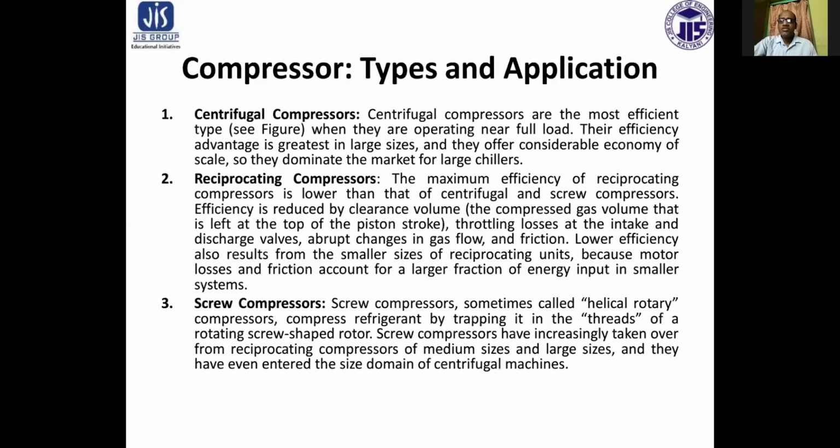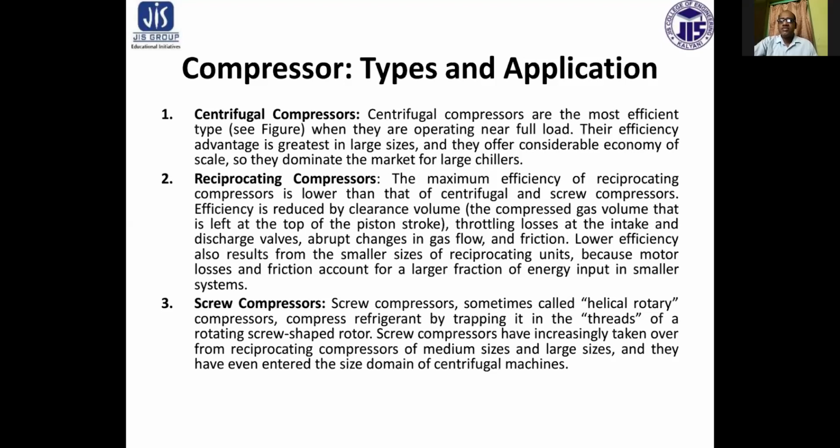Lower efficiency also results from the smaller size of the reciprocating compressor, because motor loss and friction account for a large fraction of energy inputs in smaller systems. Reciprocating compressors have limited use in industry where a very high head needs to be achieved.